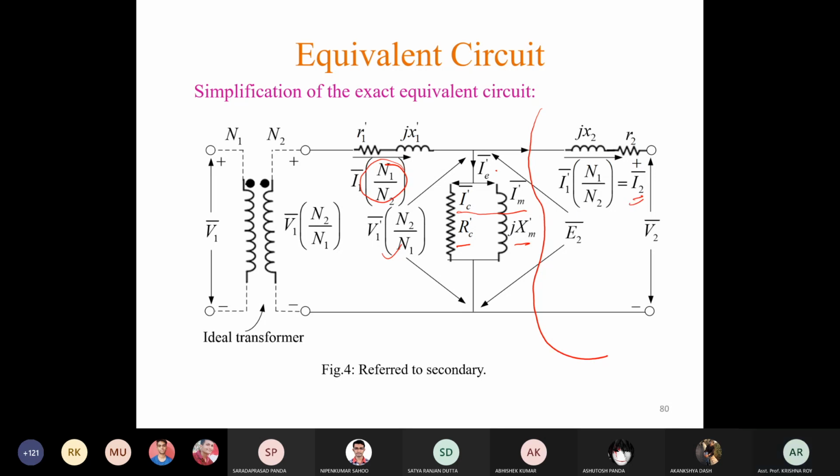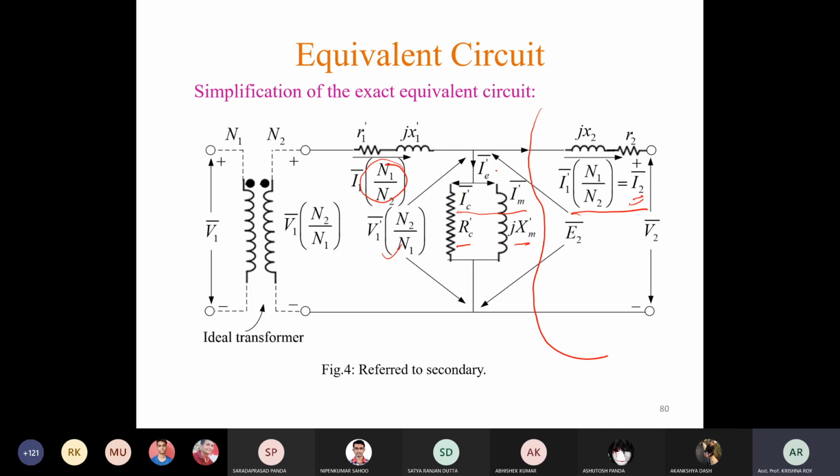So I1 dash is the load component of primary current, so it is a primary parameter, so it has to be referred to secondary side using the inverse ratio, N1 by N2, then that current is equal to I2. While discussing the phasor diagram, I mentioned that I1 dash, the load component of primary current, is not equal to I2. It is the equivalent. So this is the equation how we are getting the equivalent.